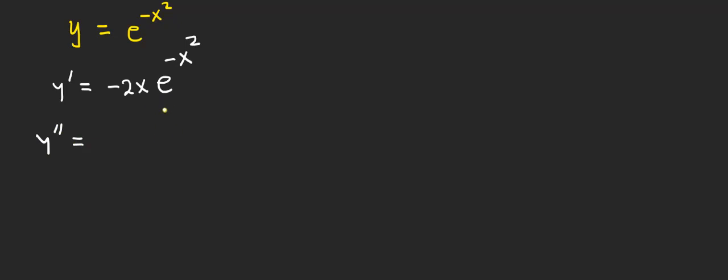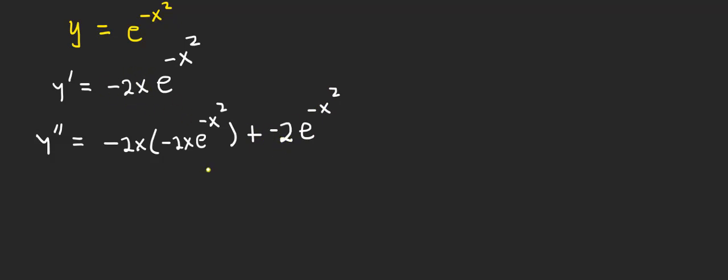We have to use the product rule, so you get negative 2x times negative 2x e to the negative x squared, plus e to the negative x squared times the derivative of negative 2x, which is negative 2. So you get 4x squared e to the negative x squared minus 2e to the negative x squared.